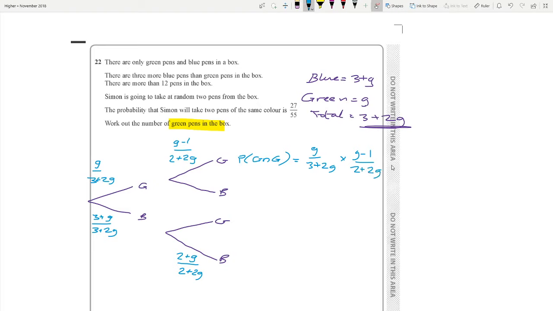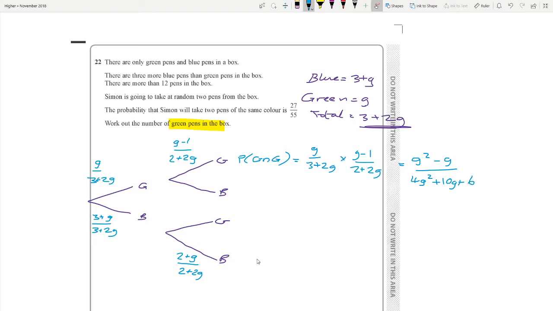When you multiply those out, we get G squared minus G all over 4G squared, add 10G, add 6. So the probability of getting a green and a green is this.